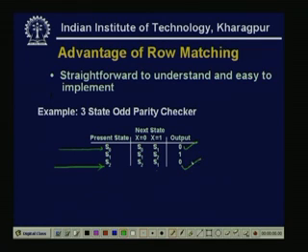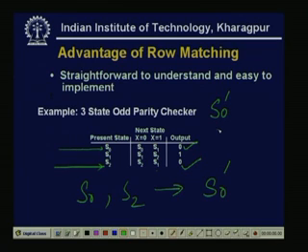So, these output behaviors are the same. So, these S0 and S2 are combined and given the name S0 dash. So, there can be two states S0 dash and S1, and for S0 dash the next states are the same, S0 dash, S1, 0.